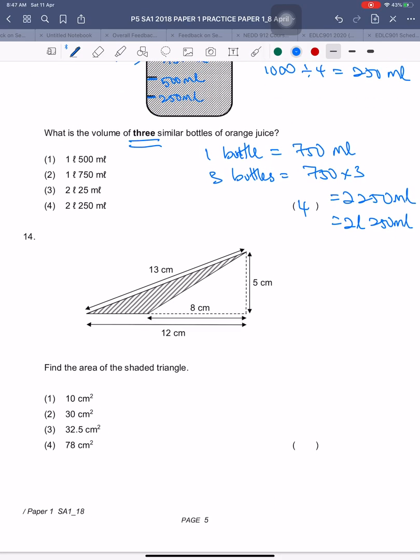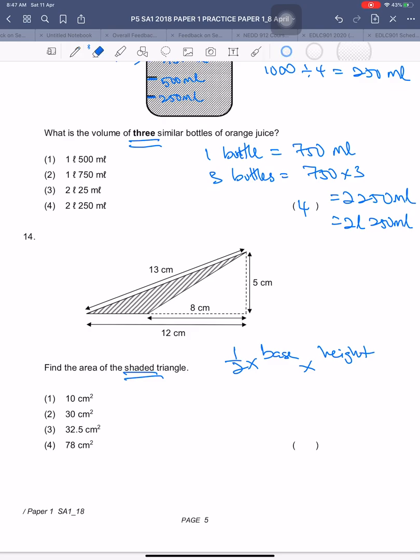Question 14. Find the area of the shaded triangle. Shaded triangle, that means you only focus on this triangle. Again the formula is half base times height.